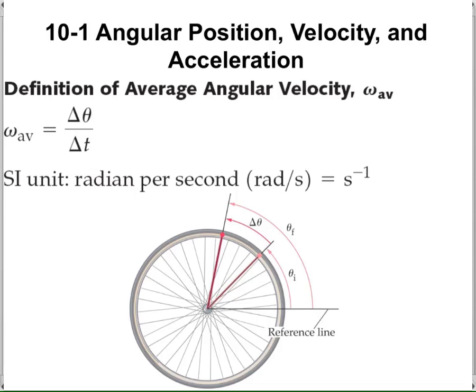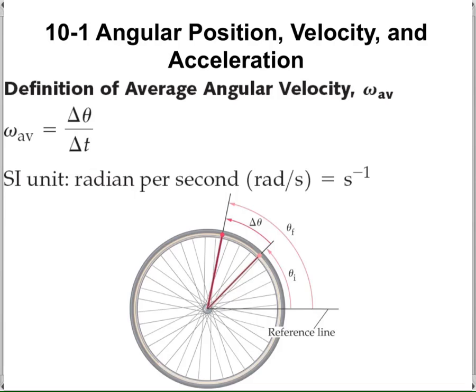One important thing is that if this point is rotating with an angular velocity of omega, where omega is the notation for angular velocity, then any other point on this wheel has the same angular velocity.